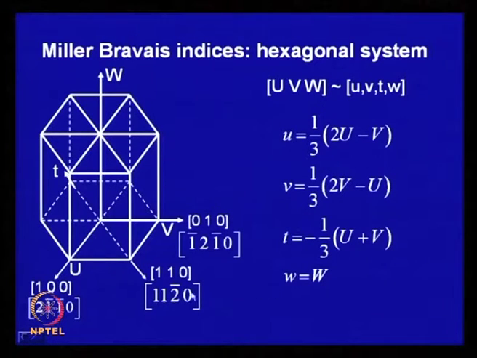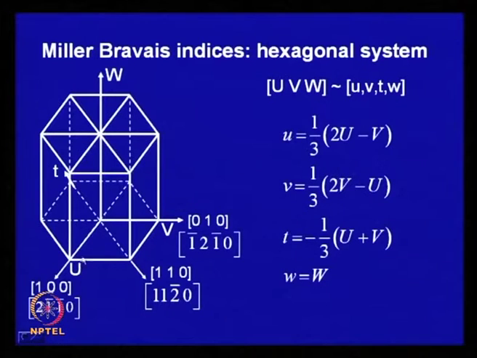Now, here it is a little tricky, as shown over here. If you followed the earlier convention, this direction should have been 1 1 0, but crystallographically this direction and this direction are the same.